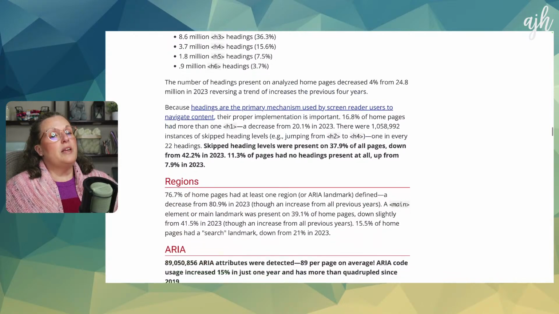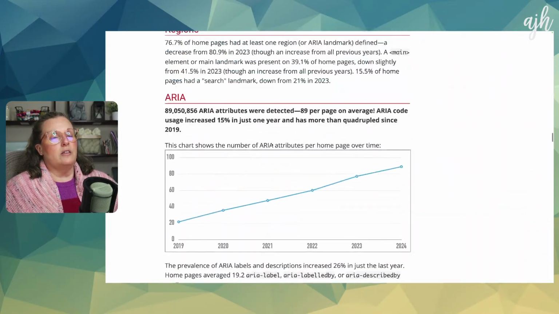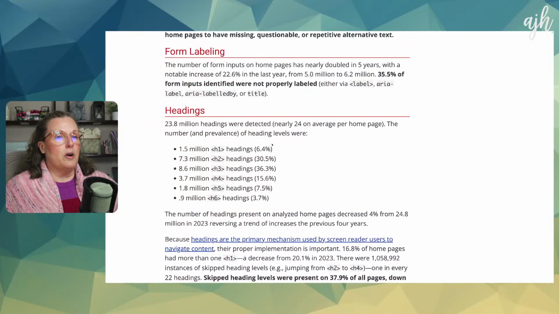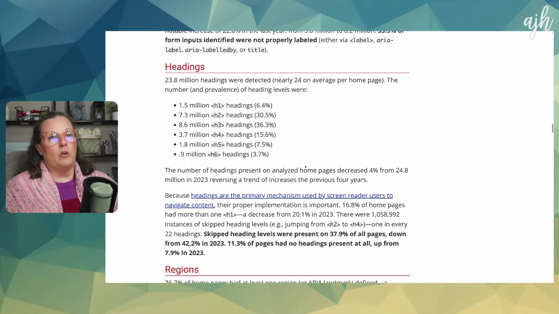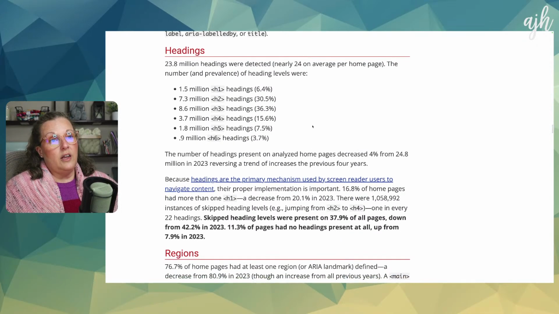And here's where we get into a few extra things that aren't specifically part of those 6 categories, but still important findings. So headings, 23.8 million headings were detected, nearly 24 on average per home page. The number and prevalence of headings were H1, H2, H3, so all the way through H6.